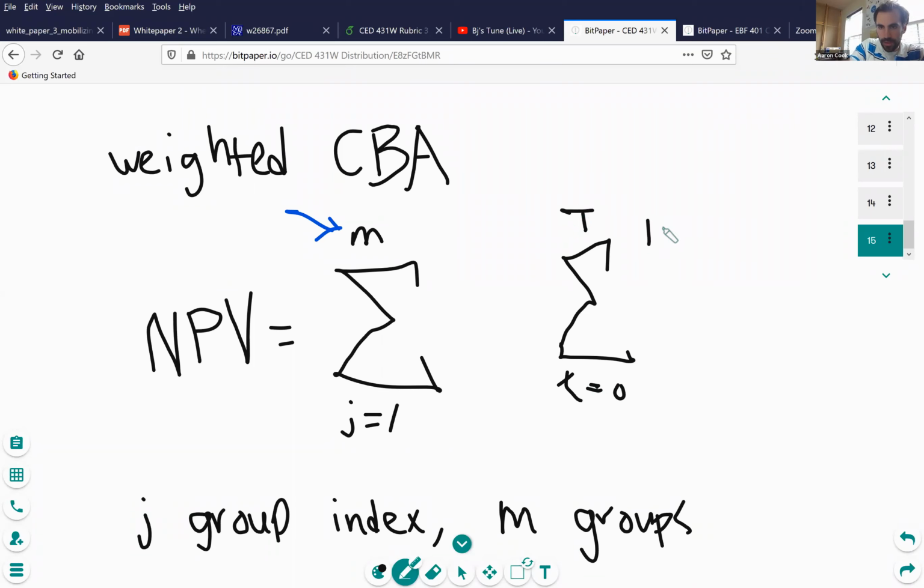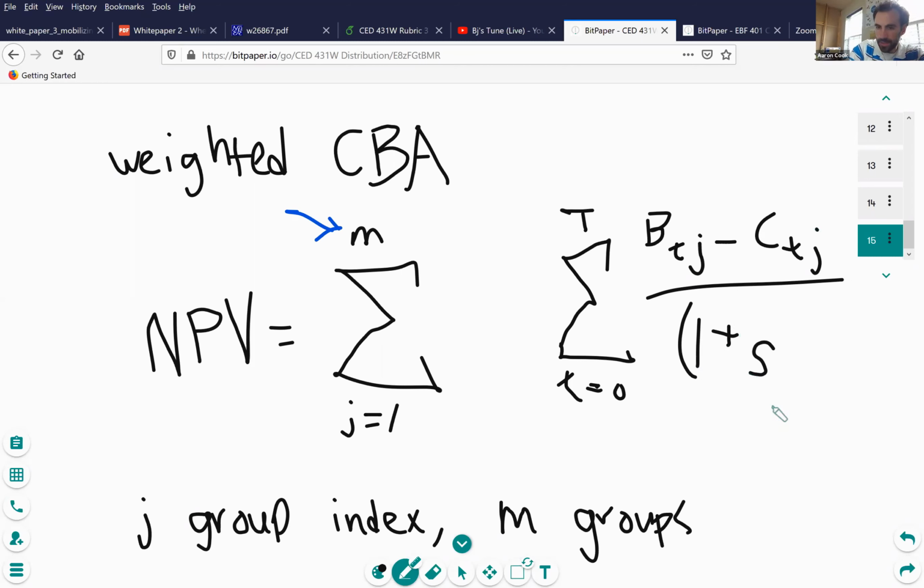We have in this case benefits and costs, but we're going to just add an extra subscript to these because we have group level benefits and costs. So now B_tJ and C_tJ are now the benefits and costs that accrue to group J at time t. So now we're just disaggregating this a little bit more, figuring out how these different benefits and costs accrue to different groups of people. These all get discounted according to the social discount rate S, according to when they occur.